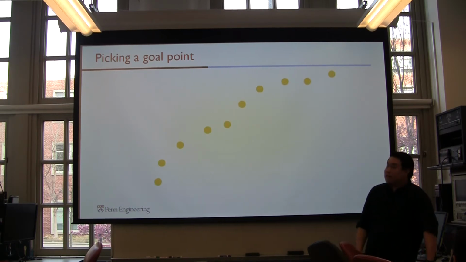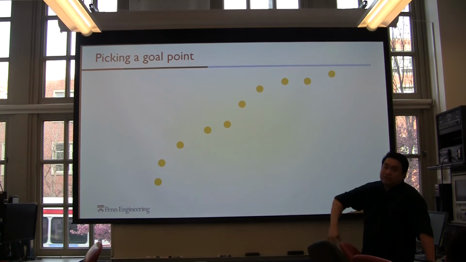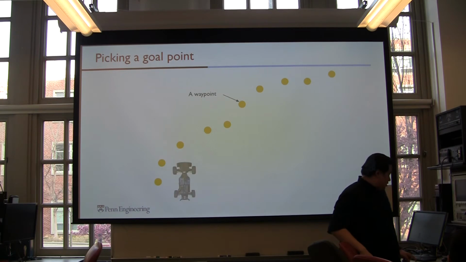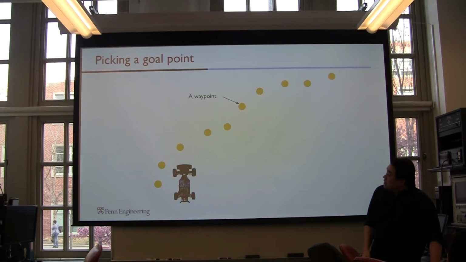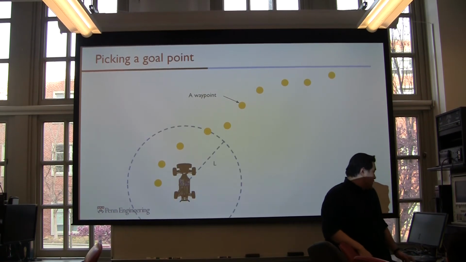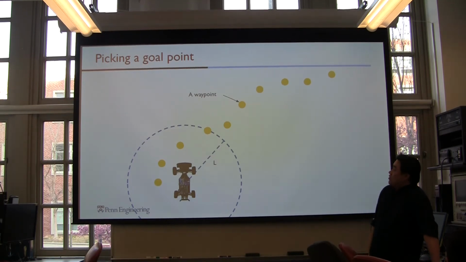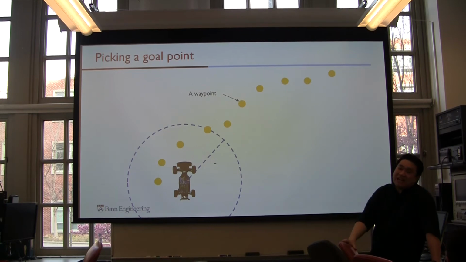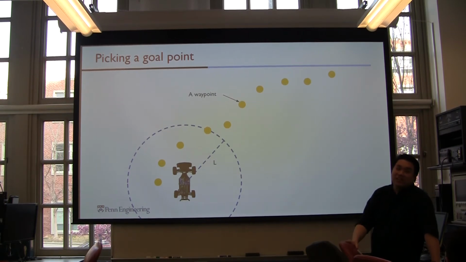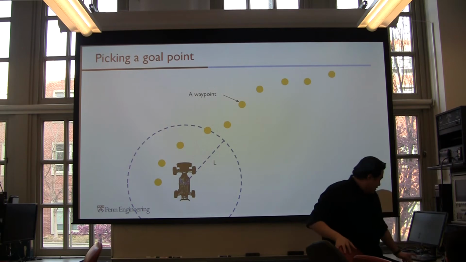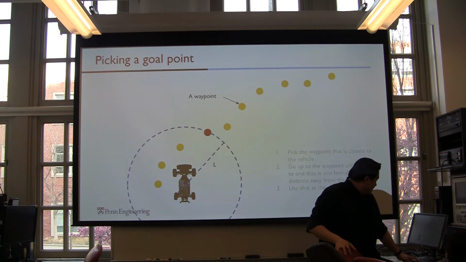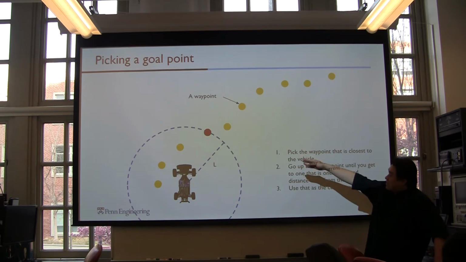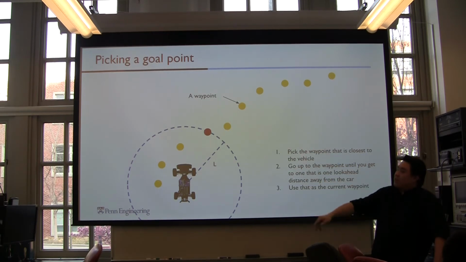Say you have a list of waypoints, just random waypoints, and your car is over here. The next thing you set is basically the look-at distance L, right? So in an ideal world, what you would do is just pick the waypoint that's exactly one look-at distance away. So you just find the closest one to you that's exactly one look-at distance away.